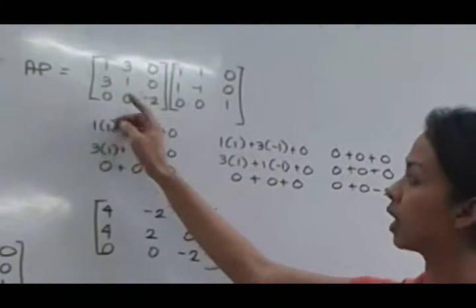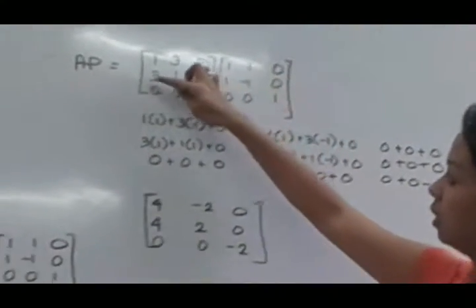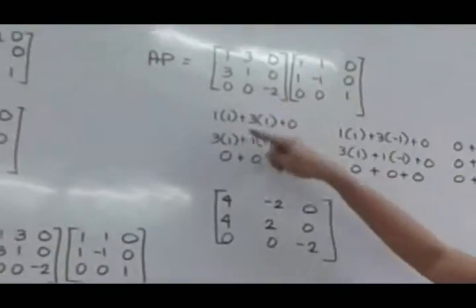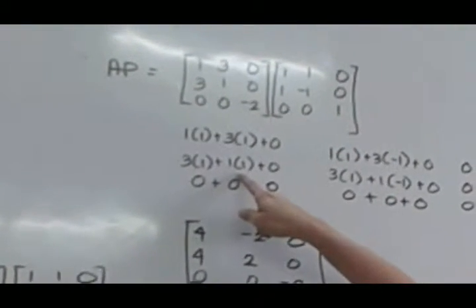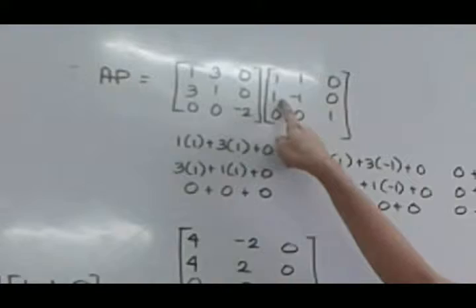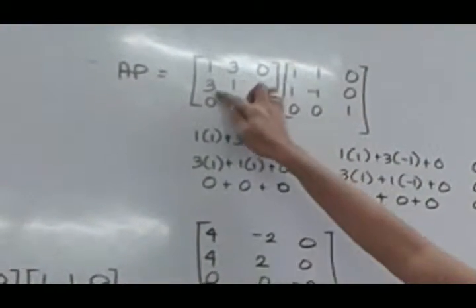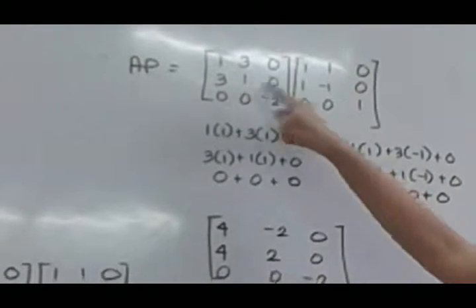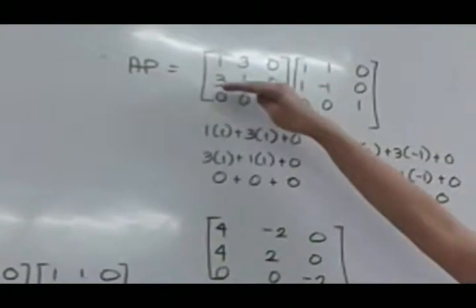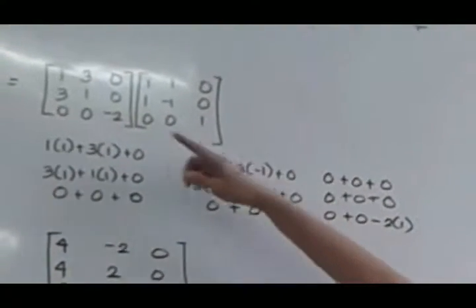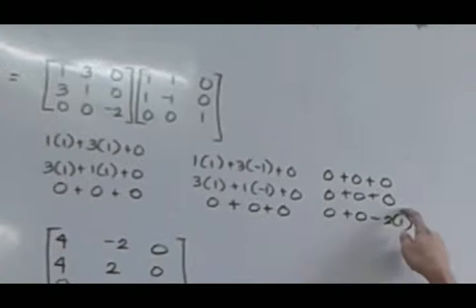And then for the second row elements, row by column still. Second row, first column, so 3, 1, and then 1, negative 1, 1, and then 0. Next, for the second column, 3, 1, 1, negative 1, and 0. Next, second row, third column, I have 0, 0, and 0.